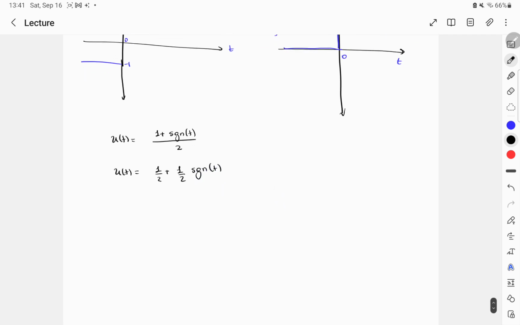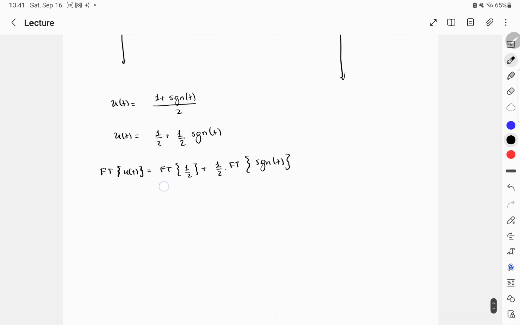Then we need to take the Fourier transform of both sides. The Fourier transform of u(t) equals the Fourier transform of 1 over 2 plus 1 over 2 times the Fourier transform of the signum function.